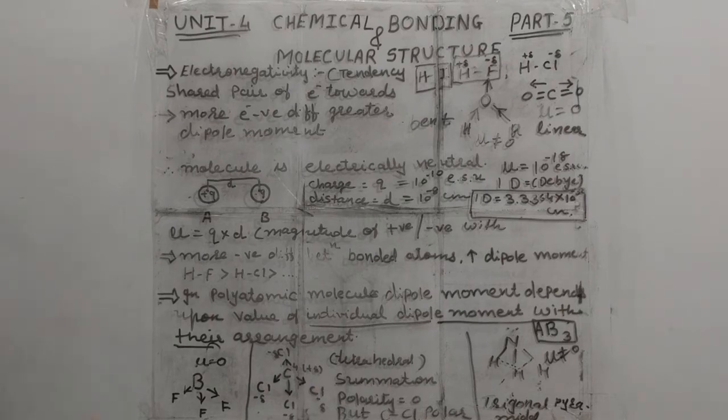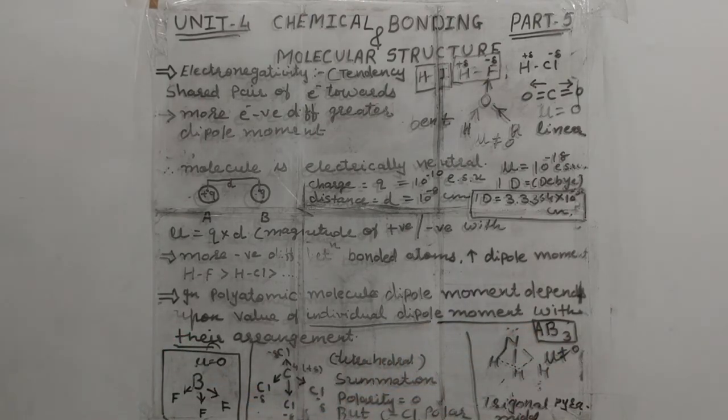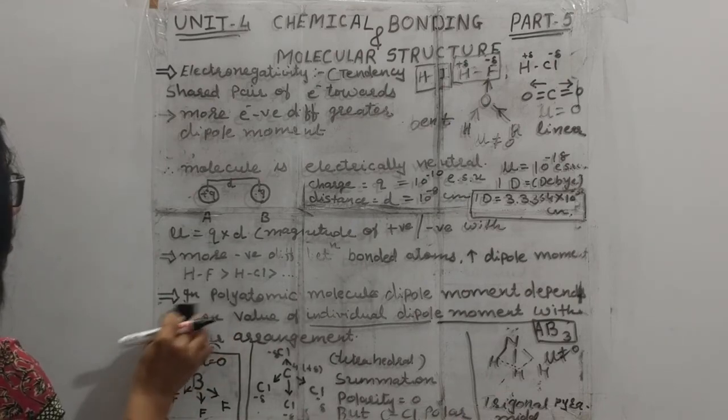But here also there is an exception, you know that. This is the exception. BF3 is also an AB3 type of molecule, but the shape is not pyramidal. The shape is trigonal planar.